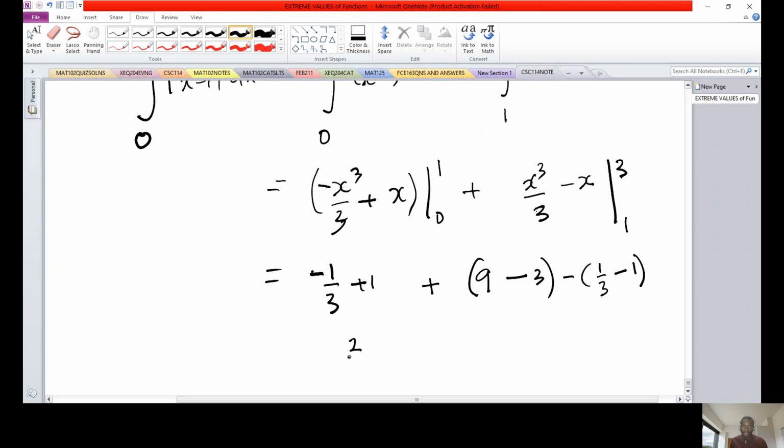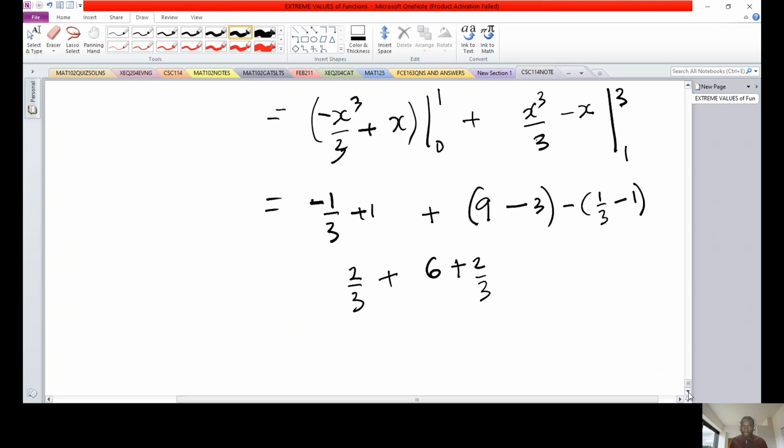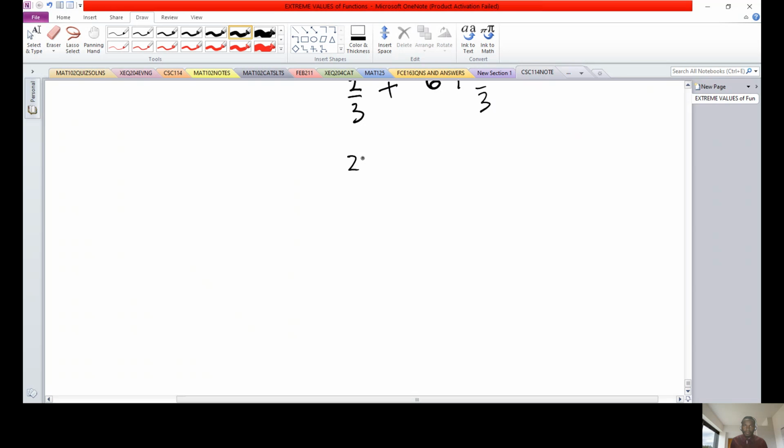So this will give us 2/3 plus 6 minus, so here we'll get now plus 2/3. So 2/3 plus 2/3 is 4/3, so 4/3 plus 6 gives us 22/3. So therefore the answer becomes 22/3.